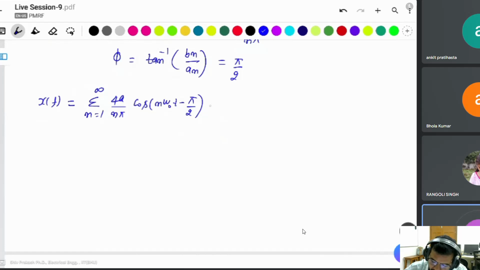We can solve more. Since cos of minus θ is equal to cos θ, this is cos of (π/2 minus nω₀t), and cos(90 minus θ) is equal to sin θ. So this will be 4A by nπ, sin nω₀t.